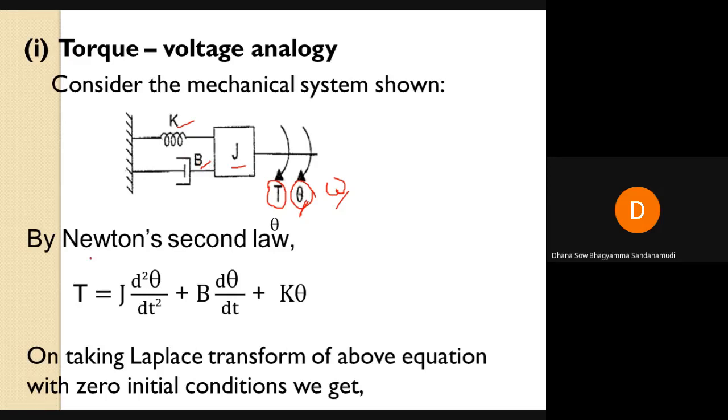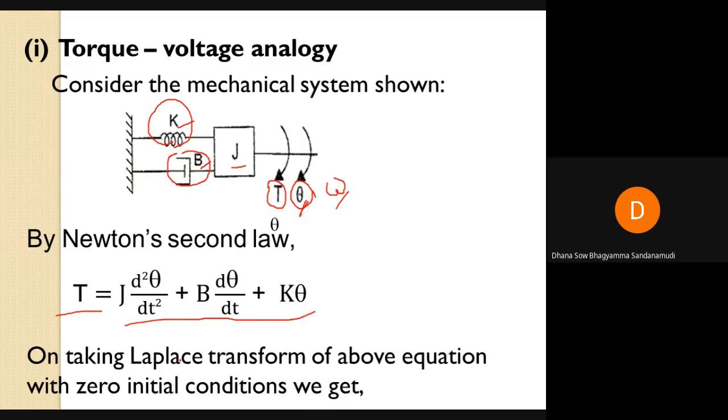According to Newton's second law, the applied torque will be equal to the summation of the opposing torques. One opposing torque is due to the moment of inertia, represented by J d squared theta by dt squared, plus another torque due to friction, B d theta by dt, plus another torque due to elasticity, K theta.